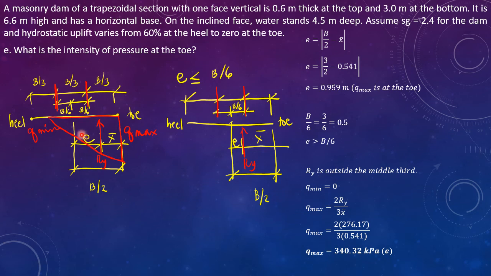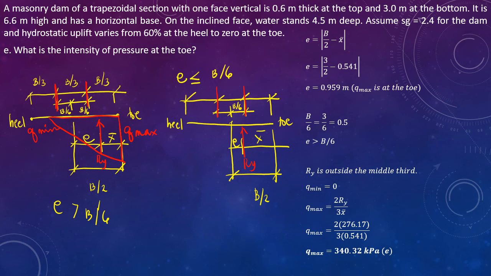So here if E is greater than B over 6, we have a triangular pressure diagram. But if E is less than or equal to B over 6, just like illustrated, our pressure diagram will be trapezoidal.